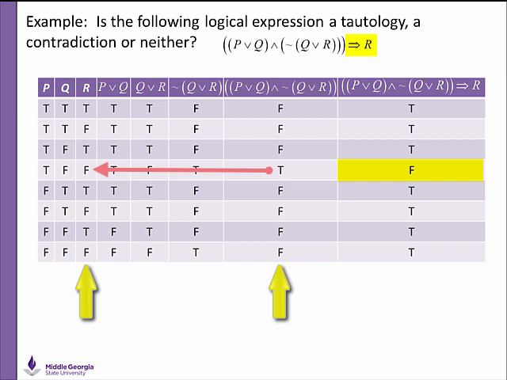So this is not a tautology because the final column for the expression is not all trues, nor is it all falses, so this is not a contradiction. So the correct answer is it is neither a tautology nor a contradiction.